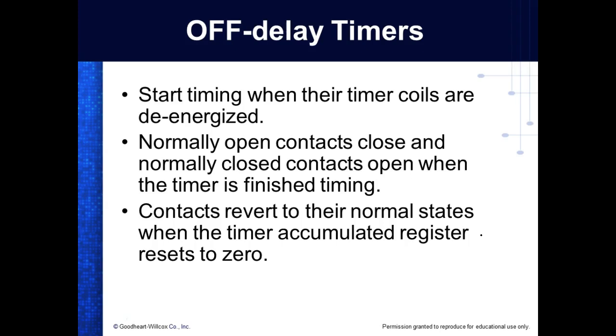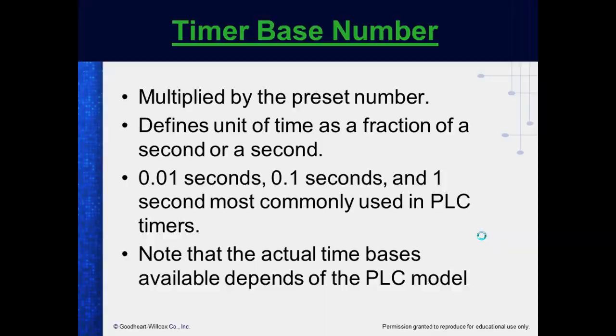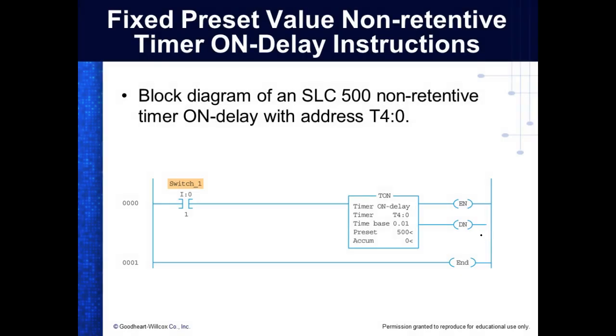So this is what they're saying here. So your timer has two coils that it represents. Let's see if we get a picture in the diagram. So the two coils that it represents is this one called enable. And then it's got another coil called what? Done.